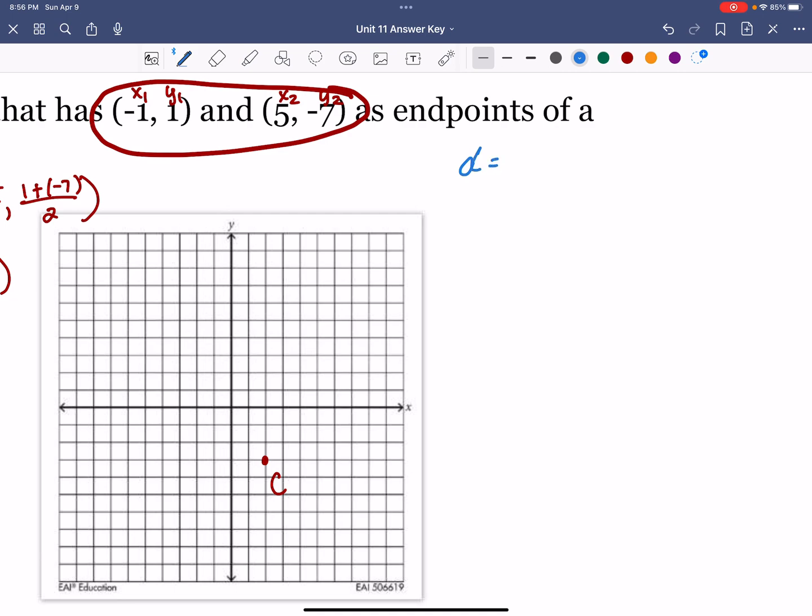So I'm going to say the distance, actually this is my diameter. My diameter is going to equal the square root of (x2, 5, minus x1, which is -1) squared, plus (y2, -7, minus 1) squared.